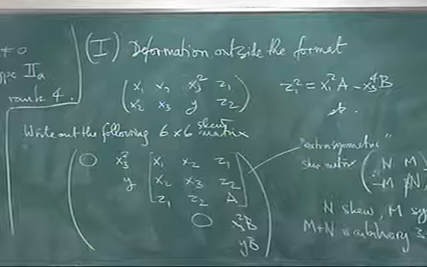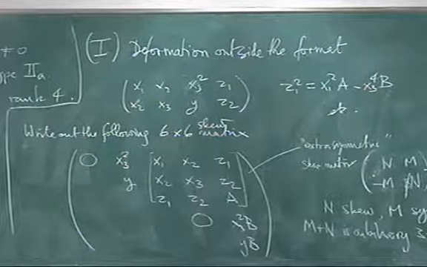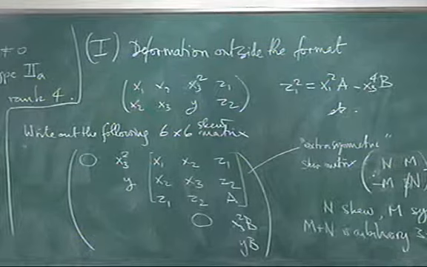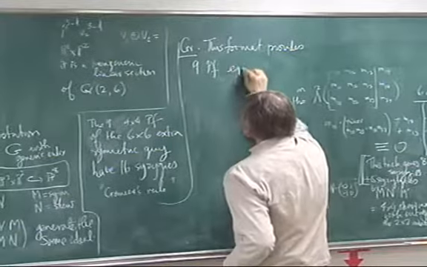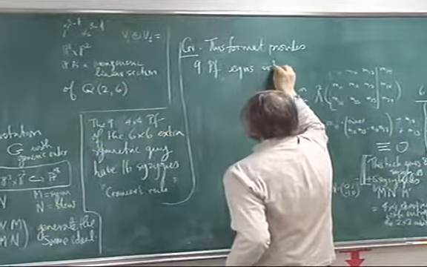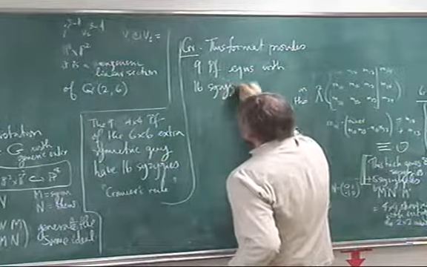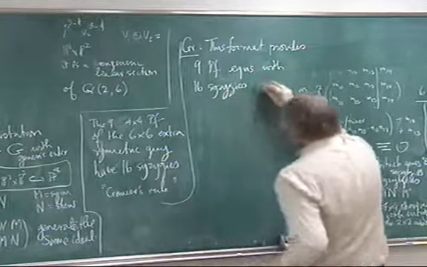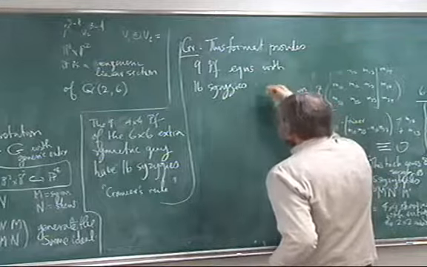Okay, and so the corollary of this is that this format provides the 9 Pfaffian equations with 16 syzygies.